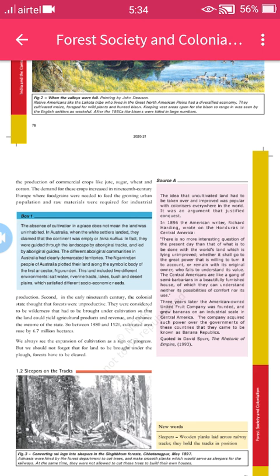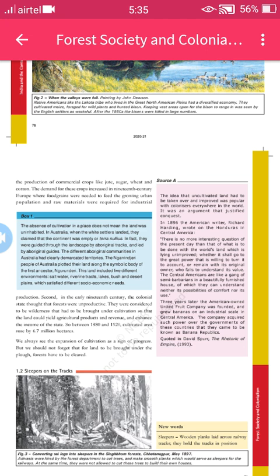From the 1860s the railway network expanded, and by the 1890s they had constructed 25,500 kilometers of tracks, and by 1946 the length of the tracks had increased to more than 7 lakh kilometers.